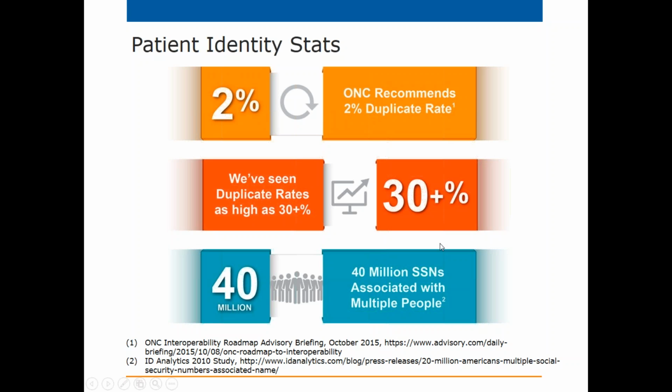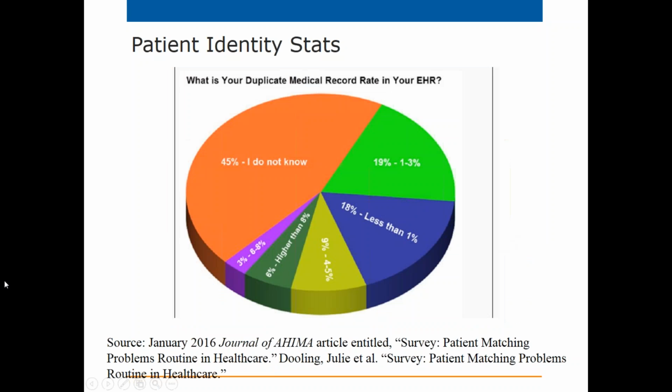And then when we get to additional stats, how many folks know what their duplicate rate is within their EHR? A lot of folks don't even know that. So 45%, as you can see from this study from AHIMA, don't even know what their duplicate rate is. 19% know that it's between 1 and 3%, and then 18% less than 1% duplicate rate.